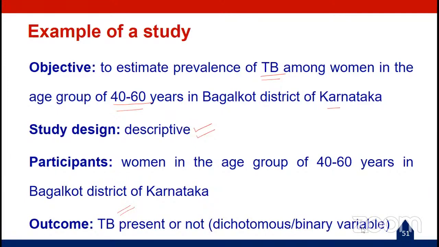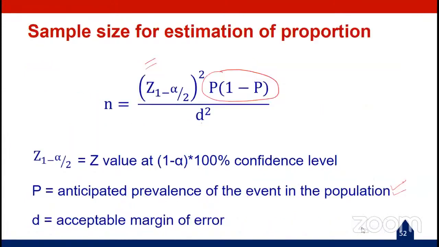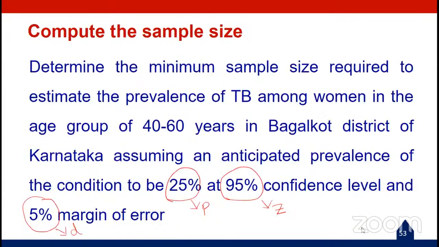In the second example, we estimated a proportion at a particular level of confidence. Remember that in these two examples, the study did not involve comparison. So I will move on to the next example.